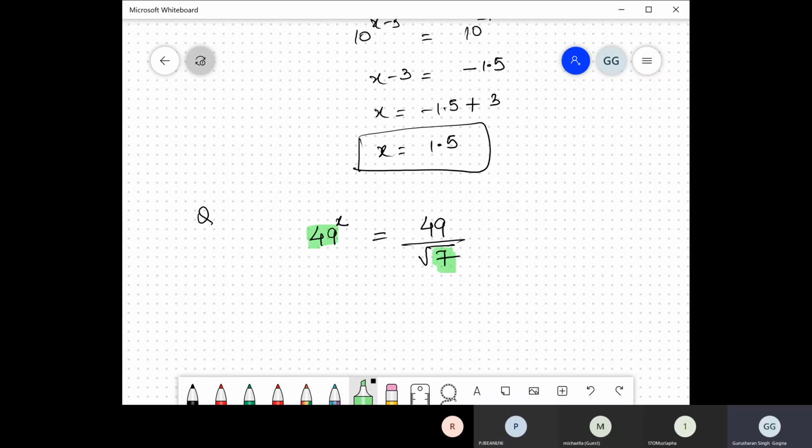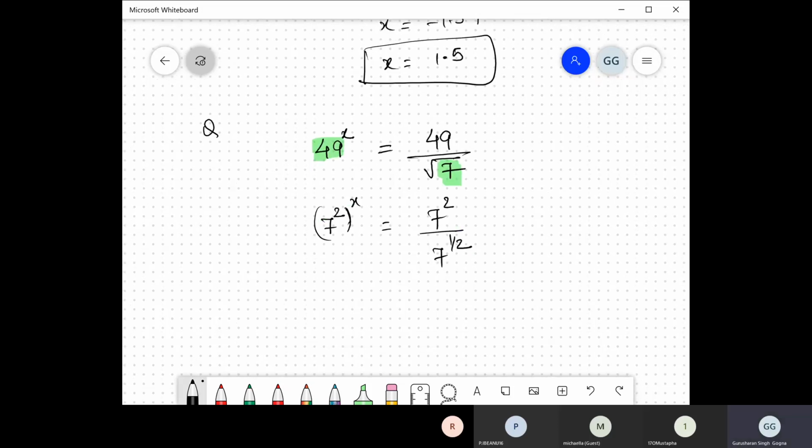You need to decide which one I can convert into 7, or I can convert 7 into 49. Obviously, it's easier to convert 49 into 7. Why? Because 49 means 7 squared. Because all of the bases should be the same, only then can you simplify. So 49 is 7 to the power 2, 7 to the power 2 here as well. And square root of 7 is 7 to the power half.